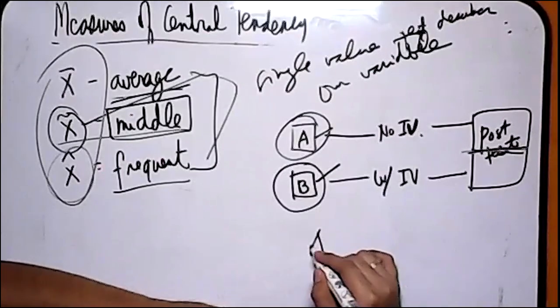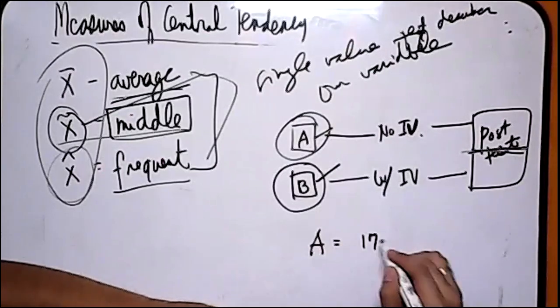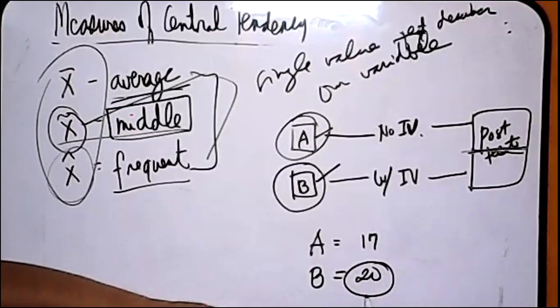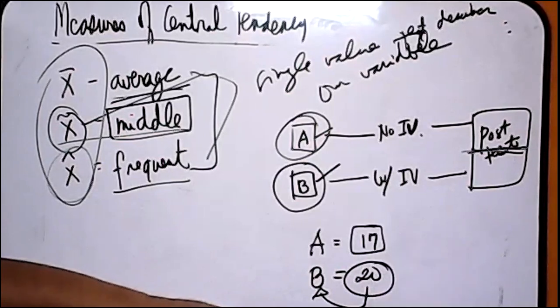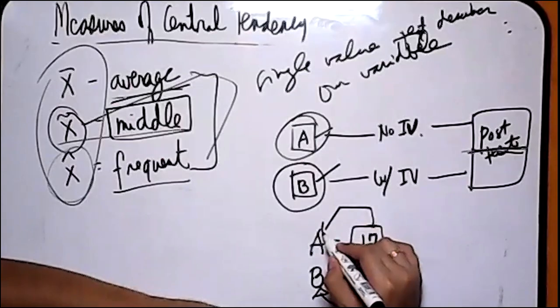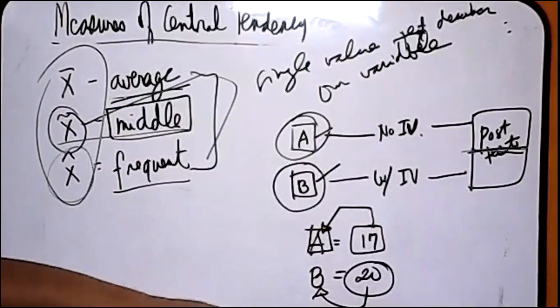Let's say class A has a mean score of 17, and class B has a mean score of 20. In other words, 20 is an overall description of the performance of class B in a statistics test, while 17 is a single value that describes our class A.